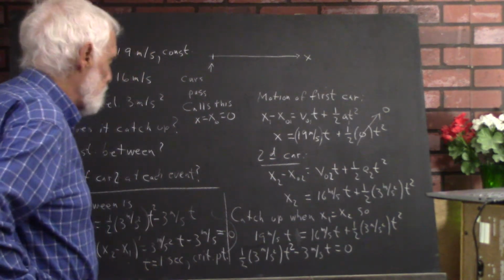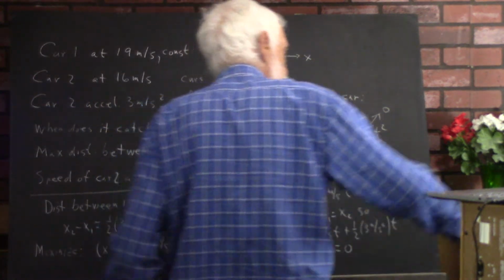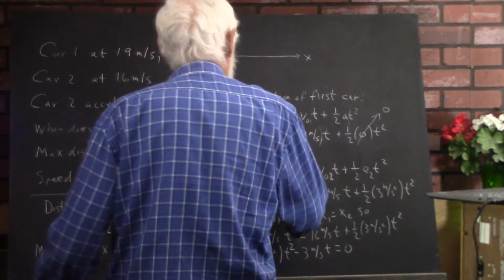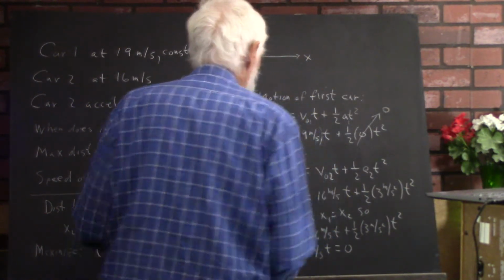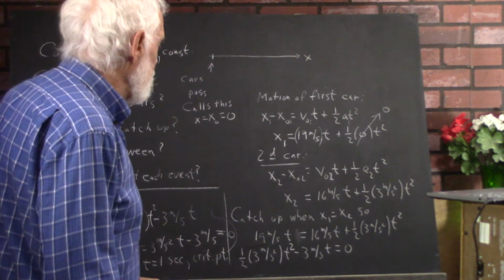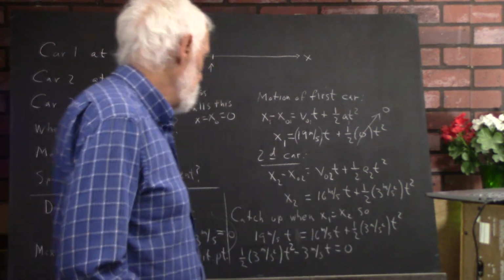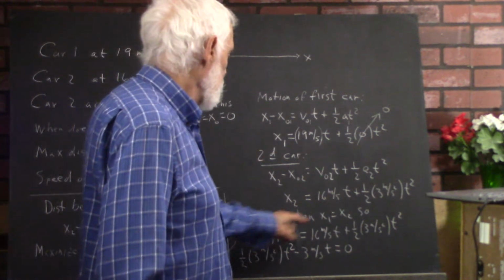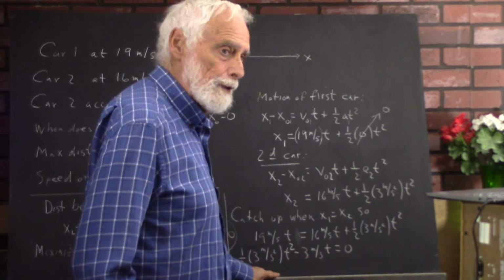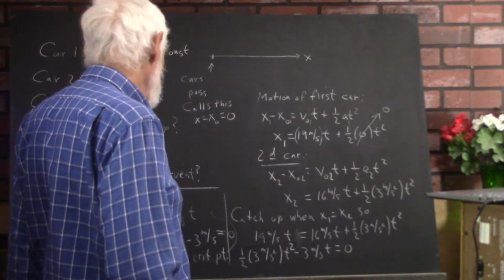That's going to occur when x2 equals x1. I left the subscript off there. So they catch up when x1 equals x2. So we set x1 equal to x2 and solve the equation. It's a very easy equation to solve.